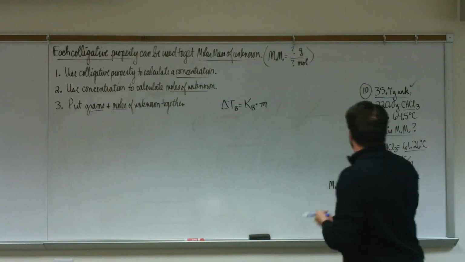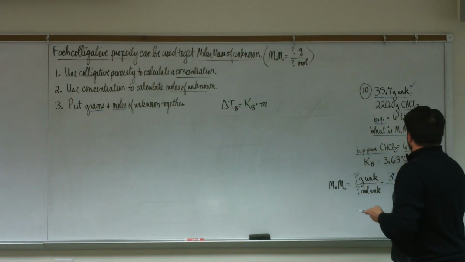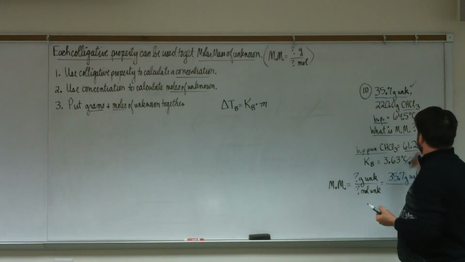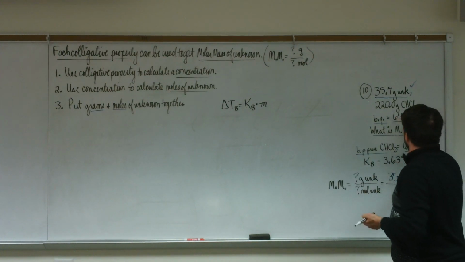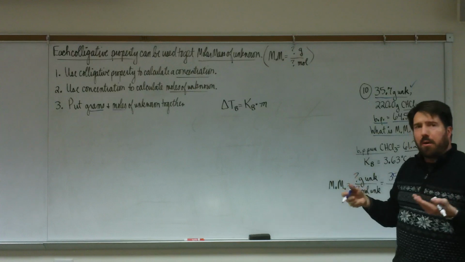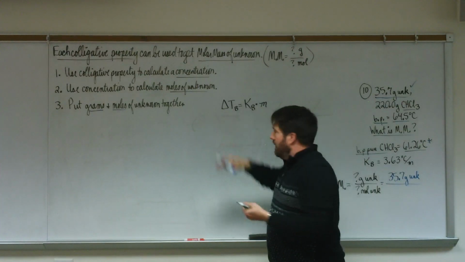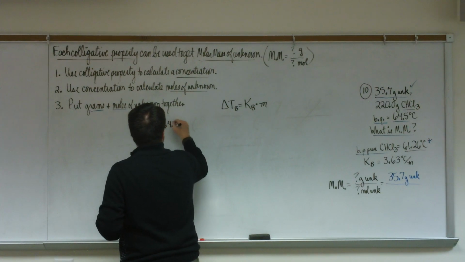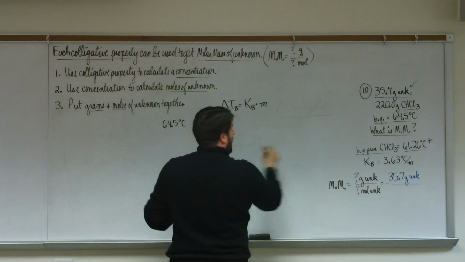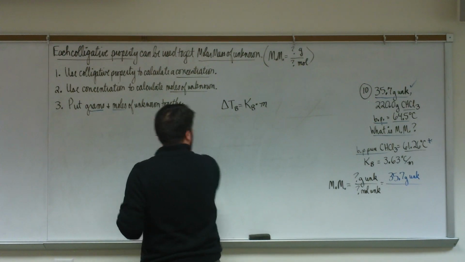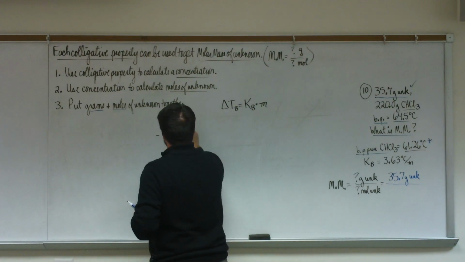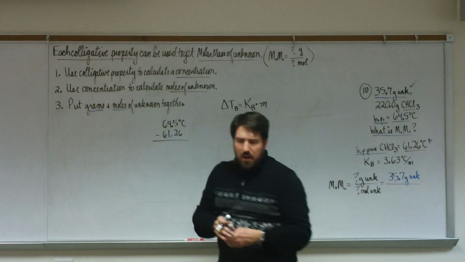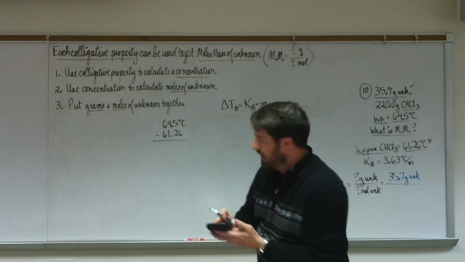Well, we'll have to do a little bit of work. The boiling point is given originally as 61.26, but the new boiling point went up. Well, that would give me delta T. In fact, we can get that right here. 64.5 degrees Celsius minus the 61.26 will give me the delta T. How much did it go up by?